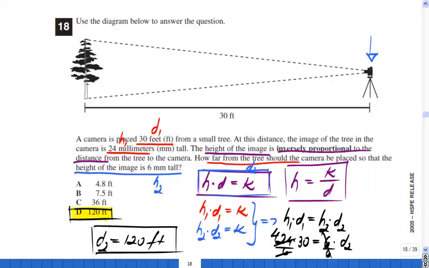Obviously, this is just one way to solve it. Another way is remembering that the image in the camera usually is upside down. If I have the image of this tree here, it will pretty much be upside down, and that's basically your height.